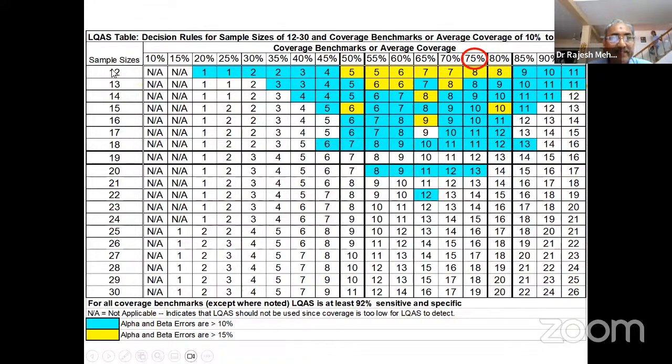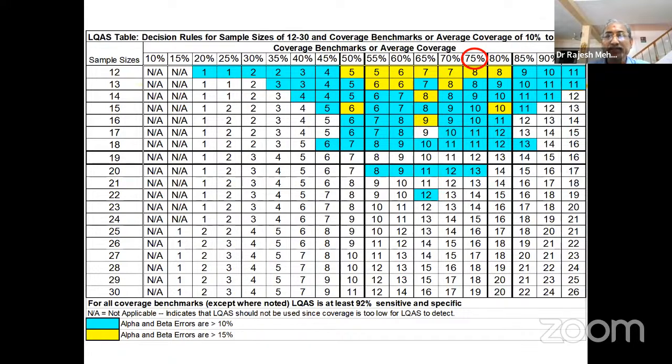So here is the sample size. Usually we should take 19 as a sample size. And out of 19, suppose you get 12. You get 12 who are, let's say, vaccinated and 7 are not vaccinated.